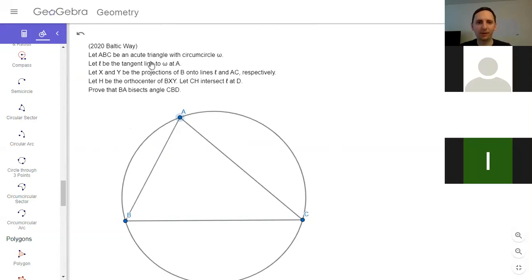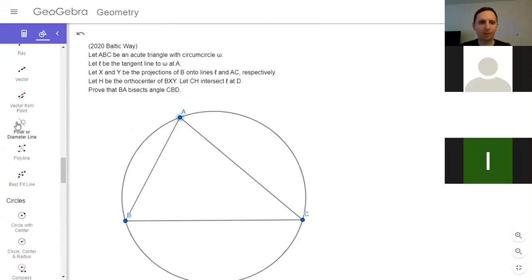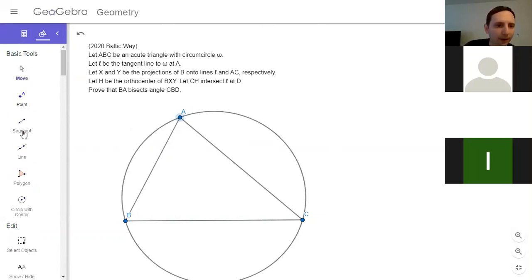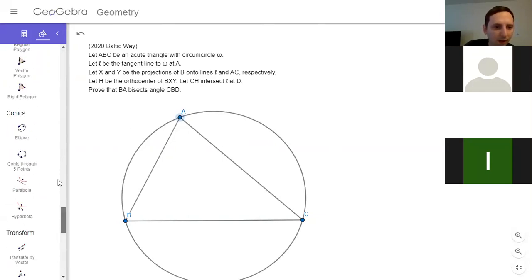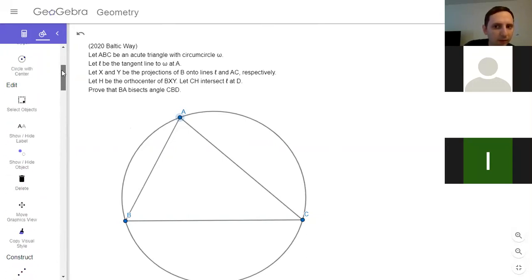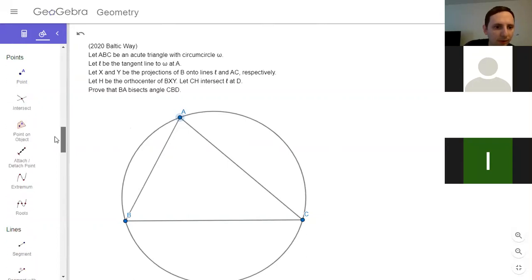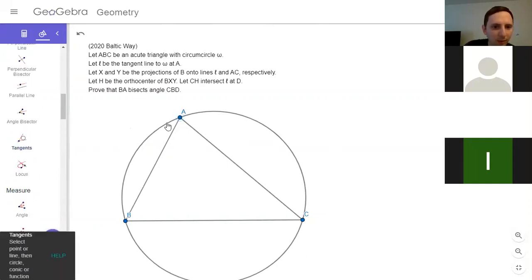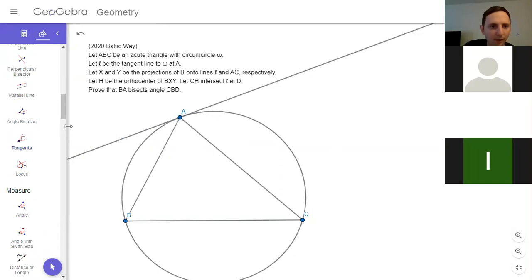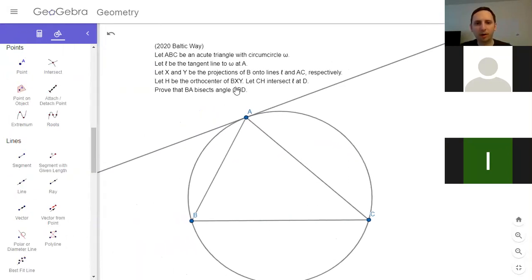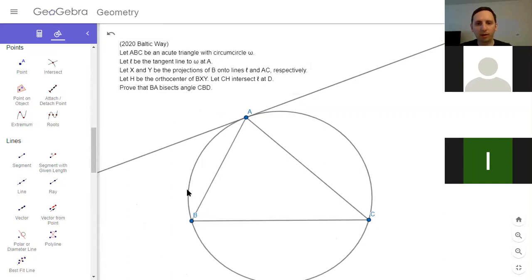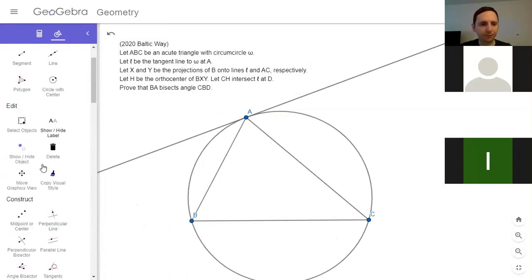So we have triangle ABC. Omega is a circumcircle. Then we draw the tangent line at point A. Let's see. Where's my tangent? There we go. X and Y are the projections of B onto line L and AC.